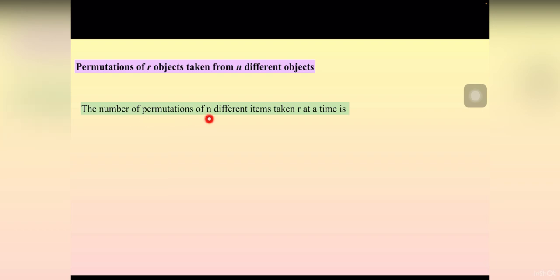Permutation of r objects taken from n different objects. The number of permutations of n different items taken r at a time is nPr, where nPr equals n factorial over n minus r factorial.